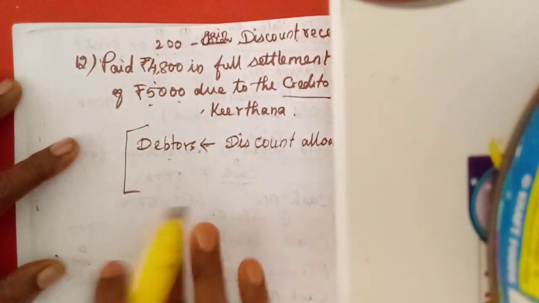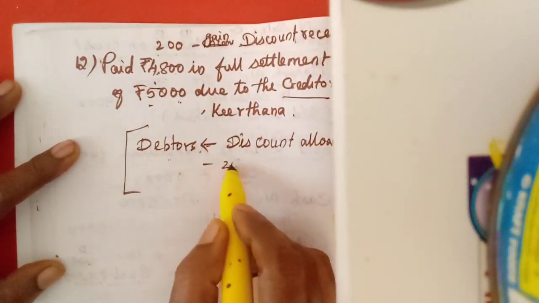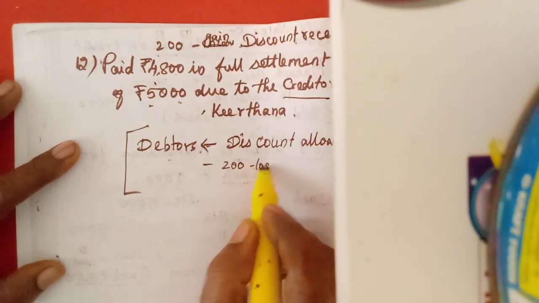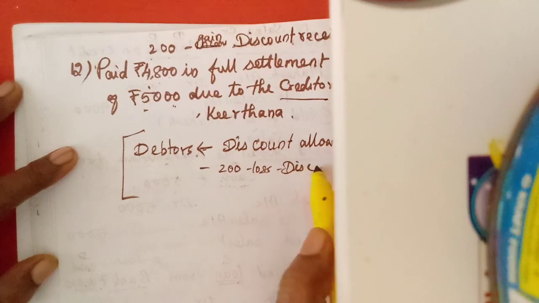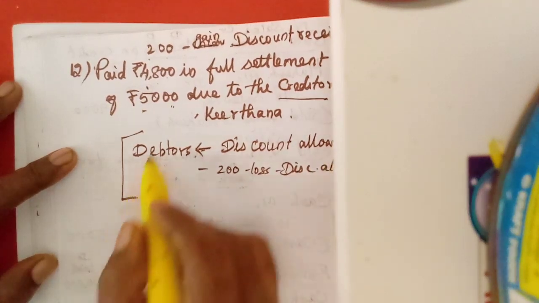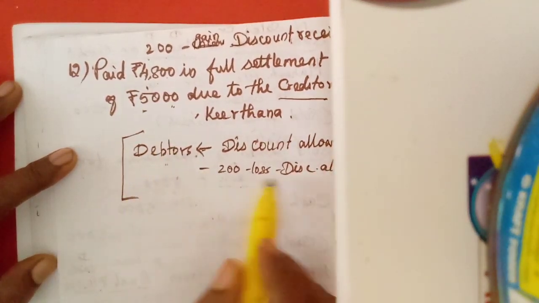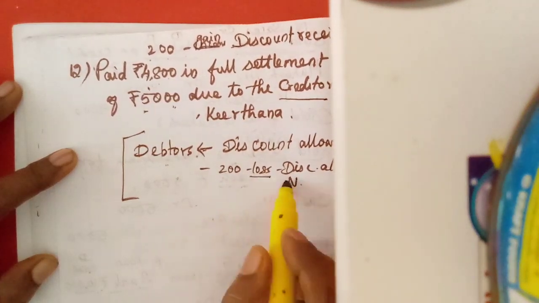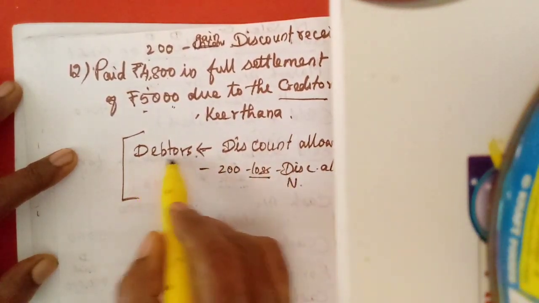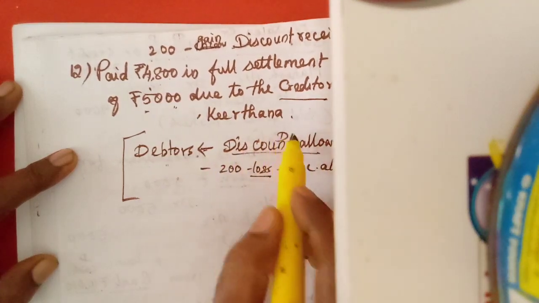We are receiving only 4,800. So that 200 is a loss. That is called discount allowed. Okay, discount allowed. So that is related to a nominal account, because it is a loss, we should debit this one. So discount allowed we should debit.